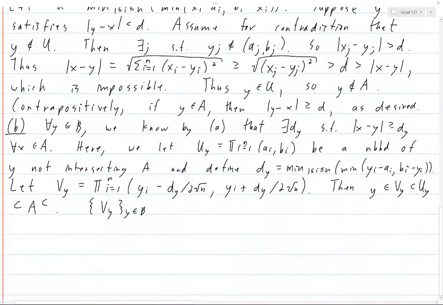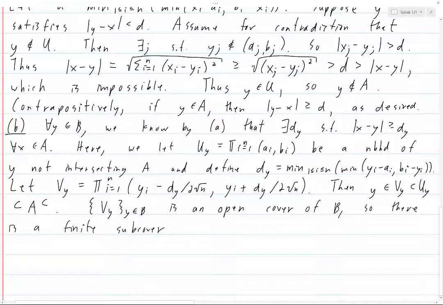Alright, let's scroll down a little bit. So this is an open cover of B. So, by compactness, there is a finite subcover, and we'll call this Vy1 through Vym.